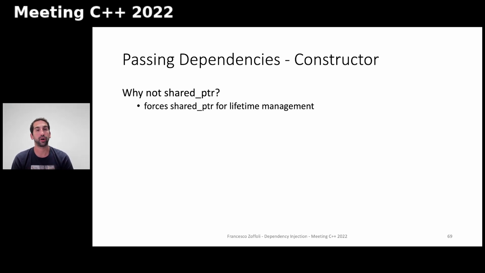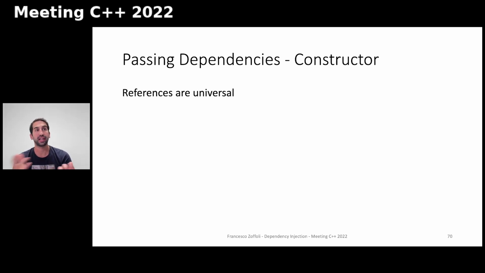Or sometimes you get references to classes that are already managed by a shared pointer, so a lot of times you need to use enable_shared_from_this to get the original shared pointer and avoid problems with the logic. On the other side, references are universal. If you have an object, you're always able to get a reference from it. And as long as you manage the lifetime of the reference correctly, this is going to work very easily.